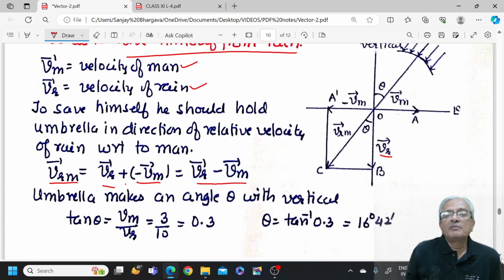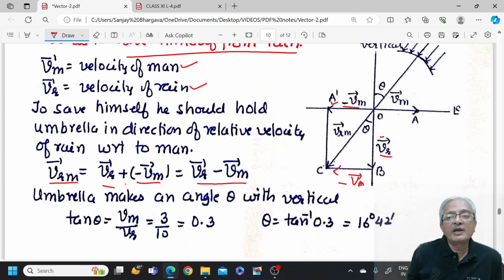So I write the negative of the vector as minus Vm. There are two vectors and their resultant would be given by the diagonal. These are the two sides taken in order, and this would be the third side taken in opposite order.